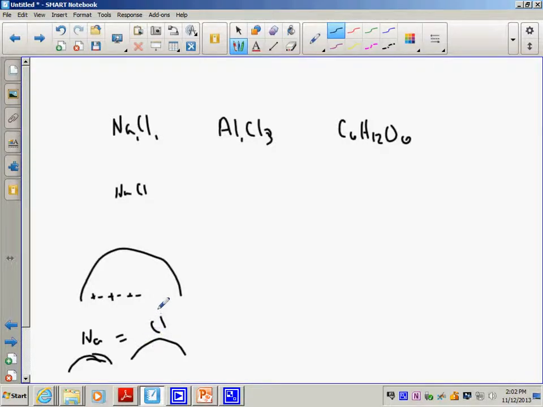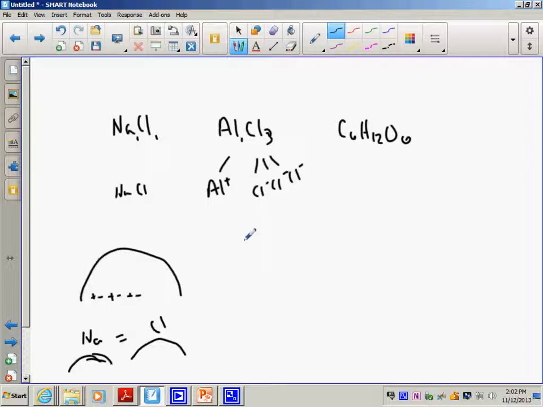All right. Same thing goes for here. I have 1 aluminum and I have 3 chlorines. Now that's a little bit different ratio, but that is going to be holding true no matter what sample size you have. And that's very difficult for some students of chemistry to understand.